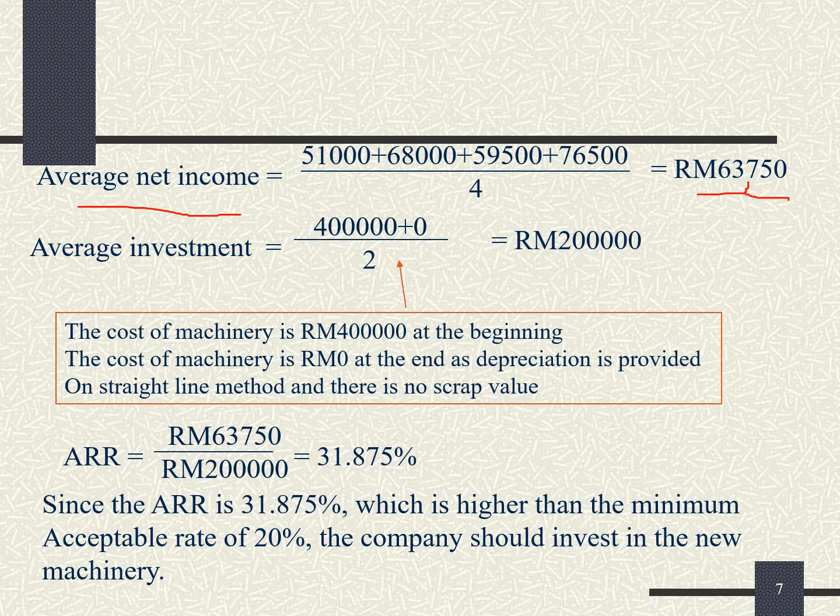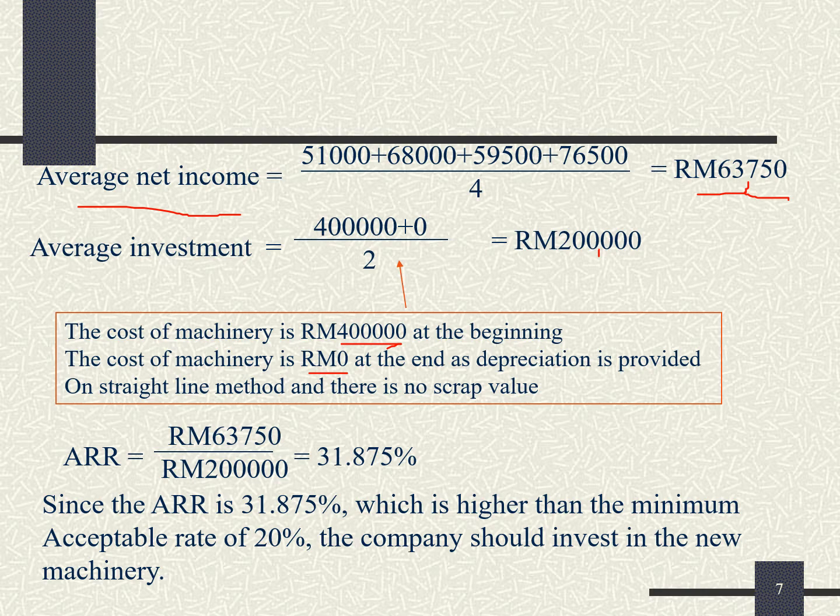After 4 years it becomes 0. Then bagi dengan 2 dapat 200,000. So the cost of machinery is 400,000 at the beginning. The machinery is 0 at the end of depreciation after 4 years, on straight line method, and there's no scrap value.